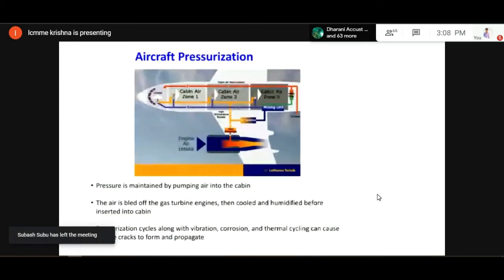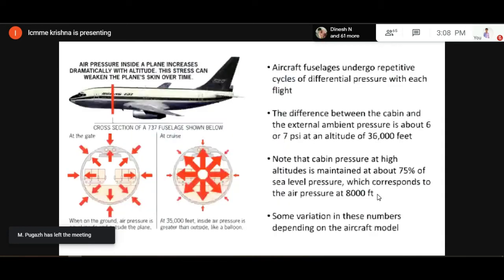So this is one of the important places, like the cabin pressurization, which can lead to the formation of cracks. Here you can see in the next slide, the air pressure inside the plane increases dramatically with altitude.